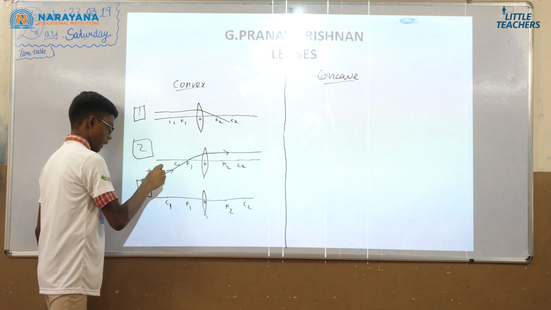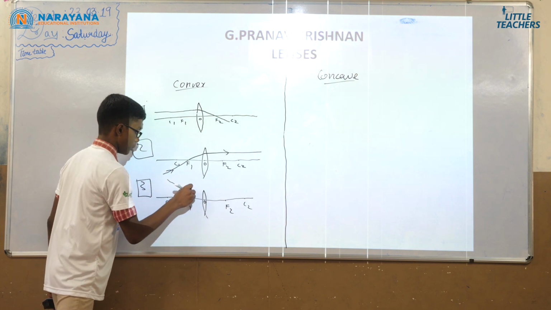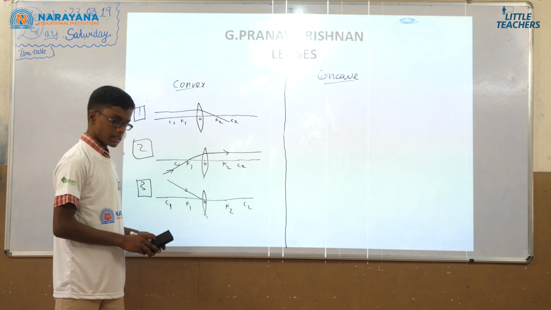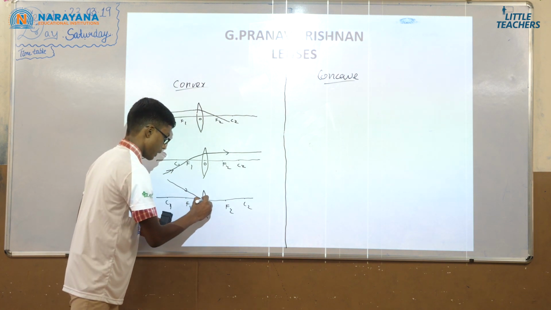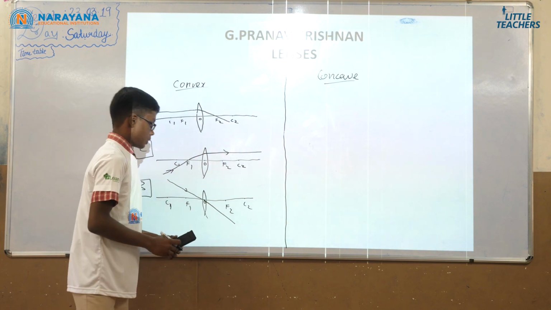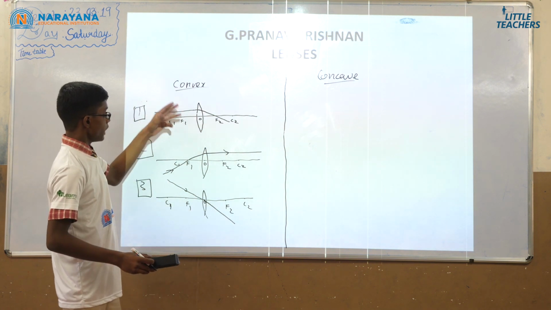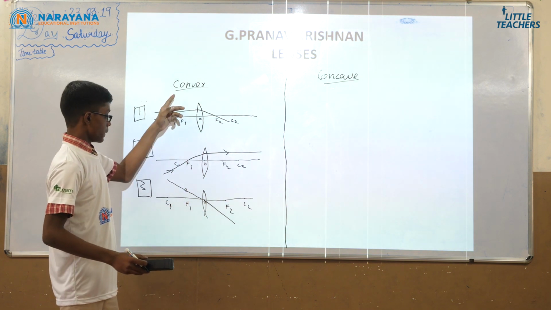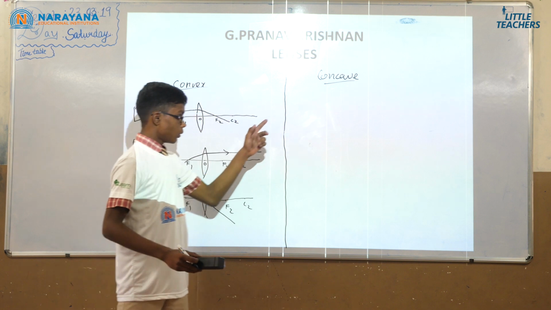Now take a ray which is directly incident on the optical center. This ray, after getting incident on the optical center, goes without getting refracted. I mean, it has a straight path. So we saw three types of ray behavior when they are incident on convex lenses. So now let's go to concave.